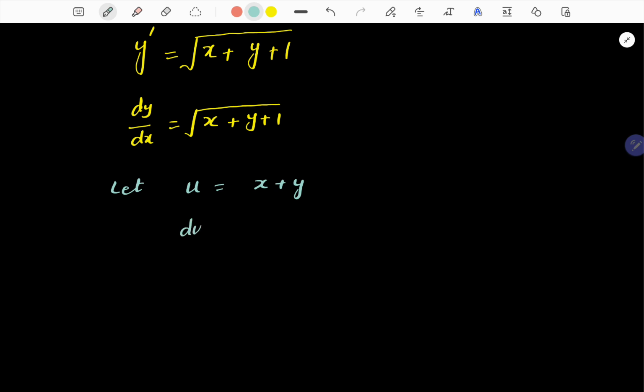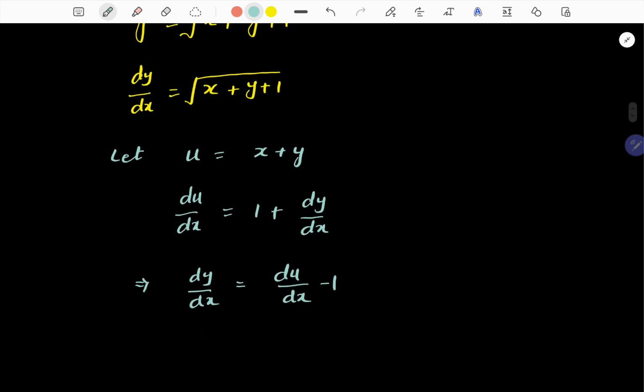If we take the derivative with respect to x on both sides, it will give 1 plus dy/dx equals du/dx, and from here we can write dy/dx equals du/dx minus 1.